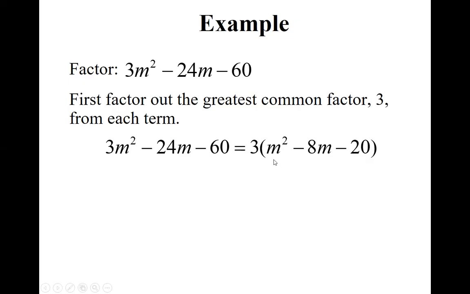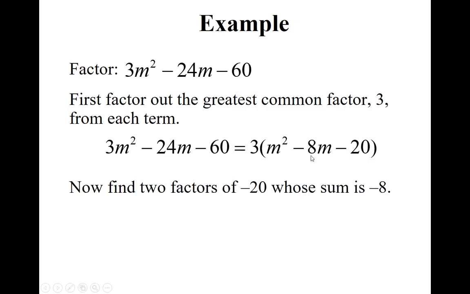So now we do have something in the form that just has a 1 in front of the m squared. We can factor this. Let's look for numbers that multiply to negative 20 and add to negative 8. Well, let's see.